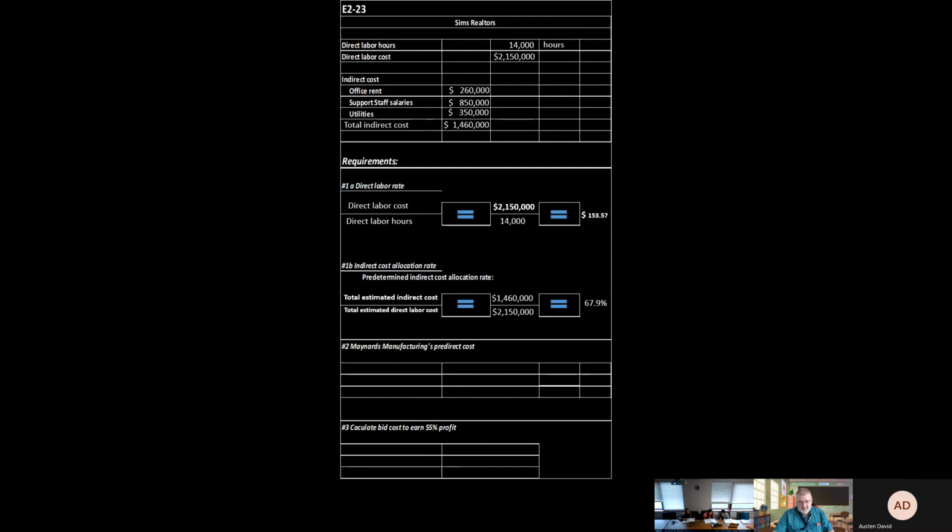Compute the predicted cost for Maynard's job. Okay? If we go back up here to the story, a bid for a job.